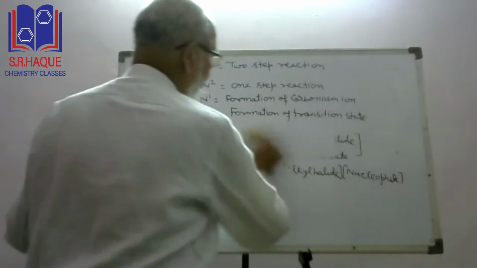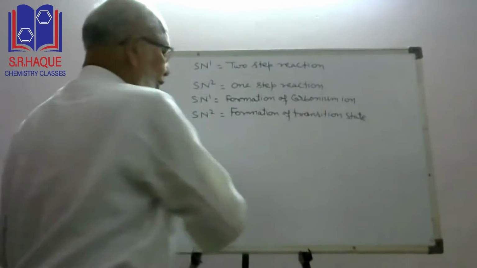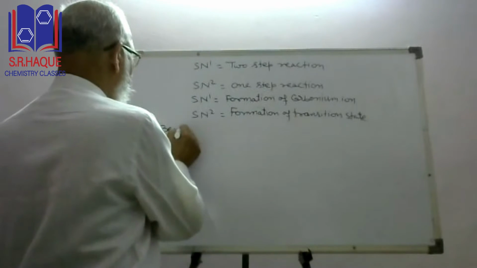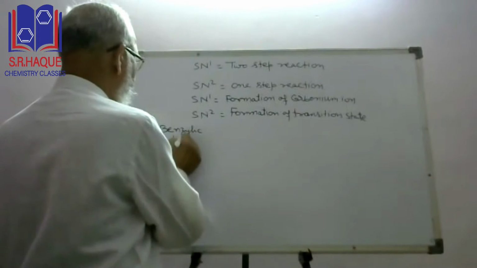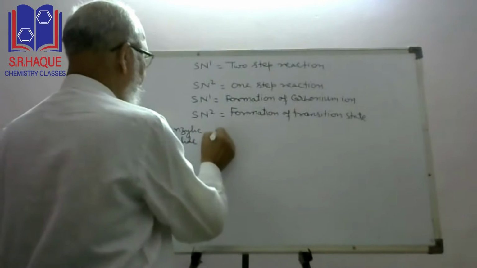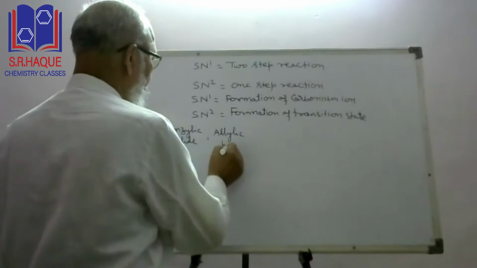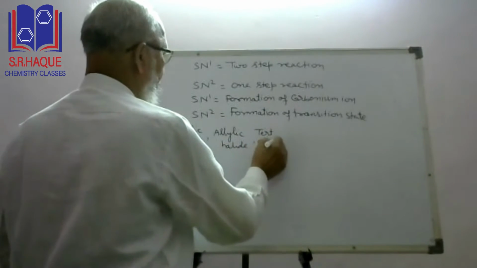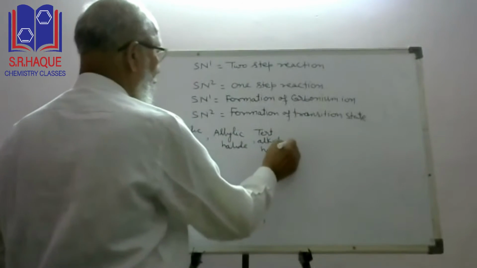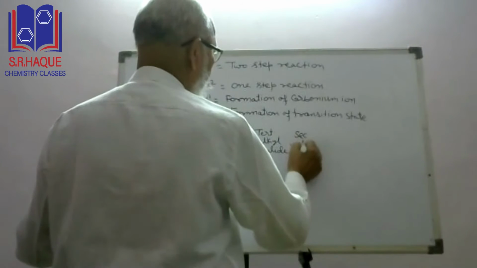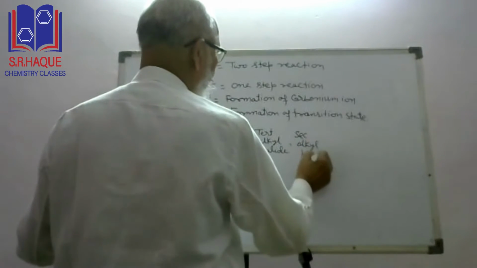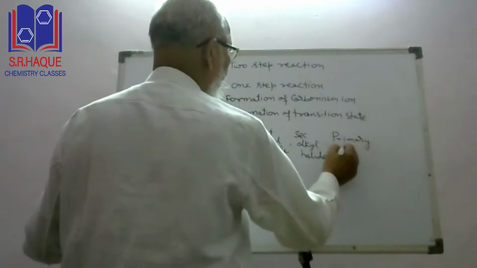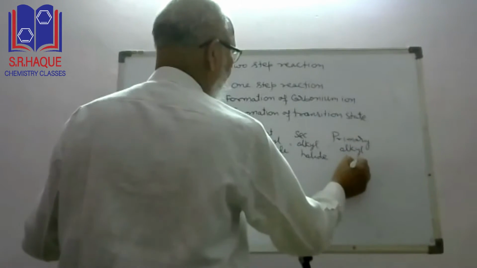So the decreasing order of SN1 or increasing order of SN2 reaction of various alkyl halides will be like this: benzylic halide, allylic halide, tertiary alkyl halide, secondary alkyl halide, primary alkyl halide.